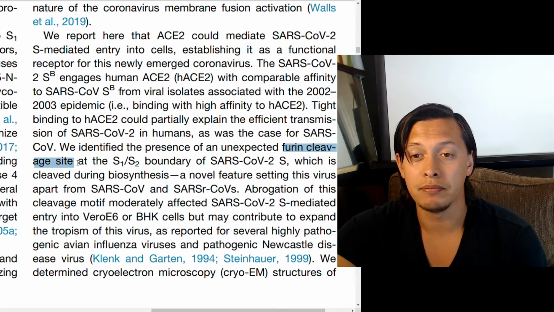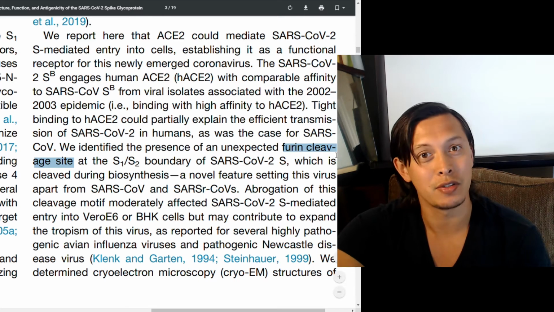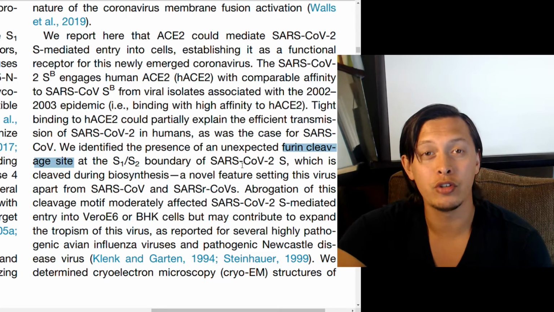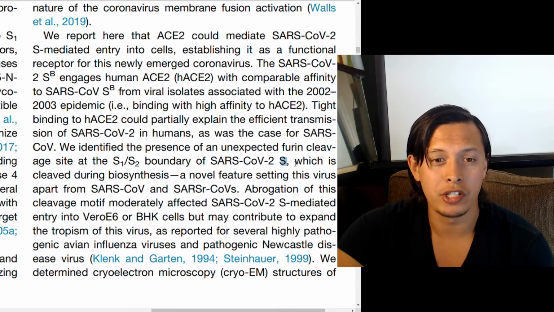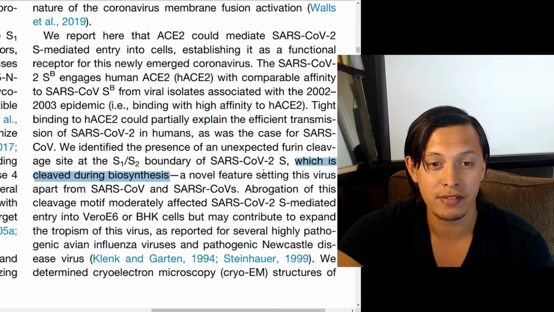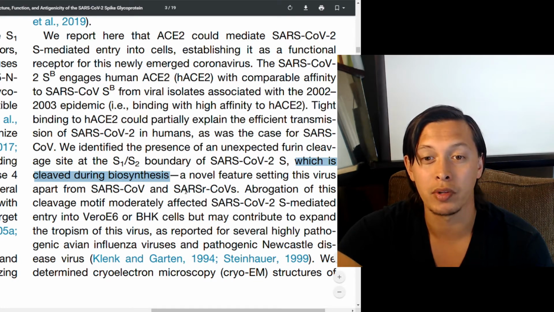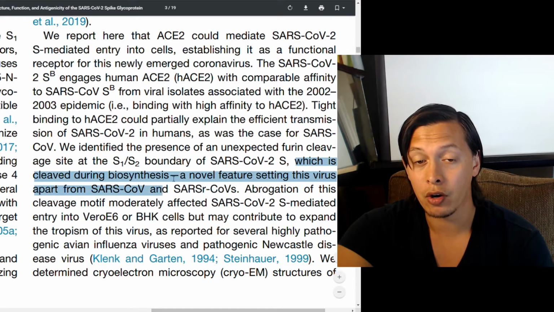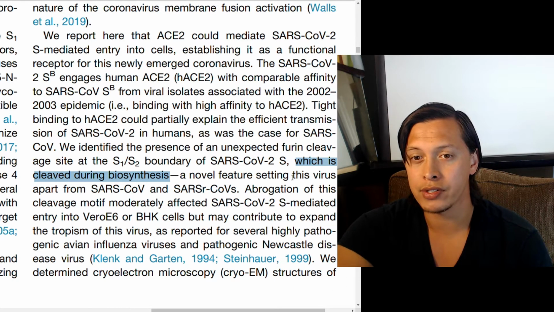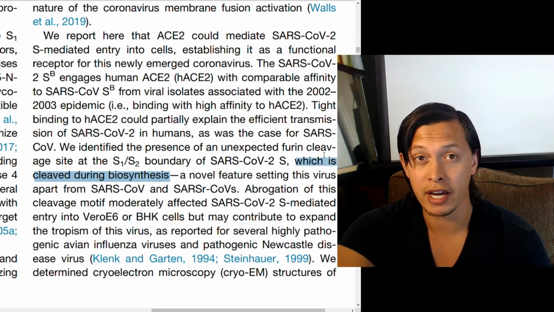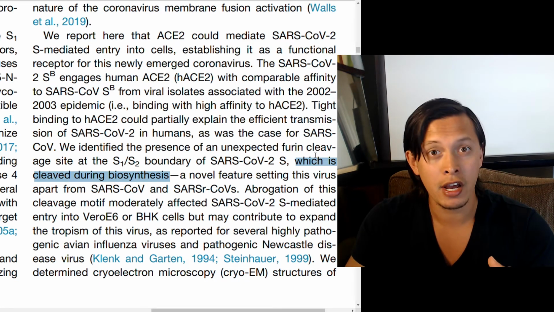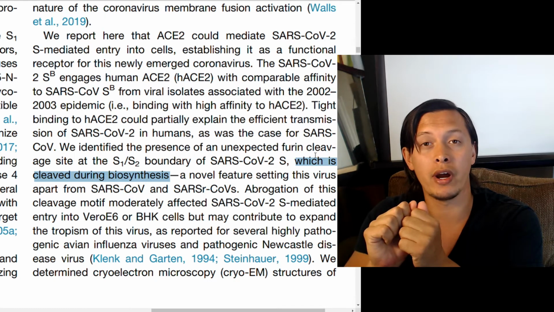And this is why it's called unexpected, because this isn't in any of the closely related coronaviruses to SARS-CoV-2, which is cleaved during biosynthesis. So a novel feature setting this virus apart from SARS-CoV and SARS-related coronaviruses. So with the original SARS coronavirus, it had a monobasic cleavage site, and during the production of the original SARS virus, very frequently this site was not already broken apart.